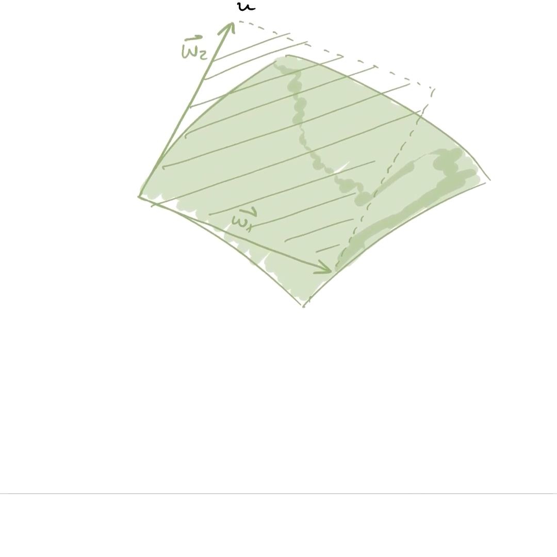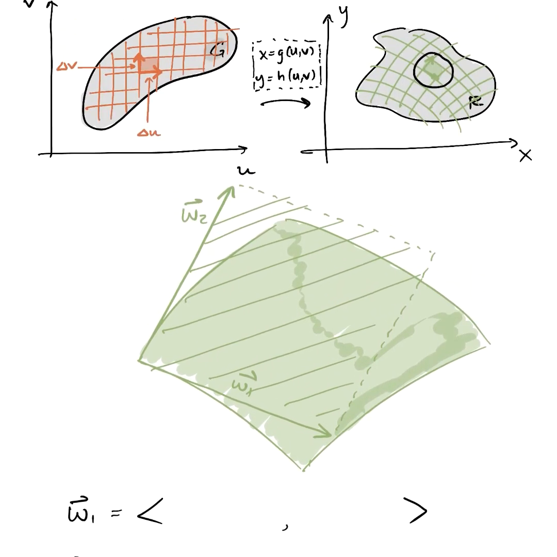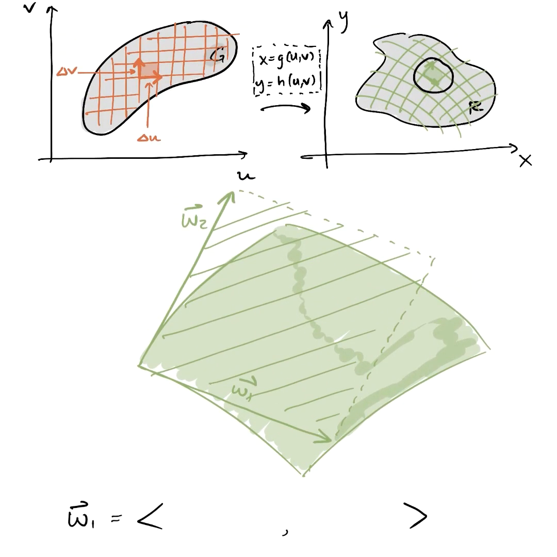Now, we have to bust out some Calc 3 here. If you wish to know the area of the parallelogram spanned by W1 and W2, well, we know how to do that from Calc 3. It's going to be some kind of a cross product. So let's think about these two vectors, W1 and W2. Focus on W1 first.